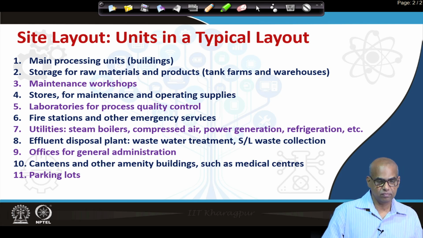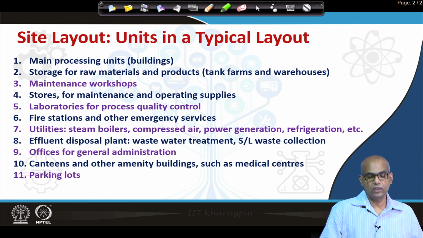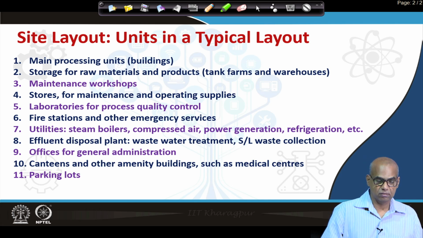Main processing units, storage for raw materials and products, this will be tank farms and warehouses, maintenance workshop, stores for maintenance and operating supplies, laboratories for process quality control, fire stations and other emergency services, utilities such as steam boilers, compressed air, power generation, refrigeration, etc., effluent disposal plant, wastewater treatment, solid and liquid waste collection, offices for general administration, canteens and other amenities buildings such as medical center, and also parking lots.